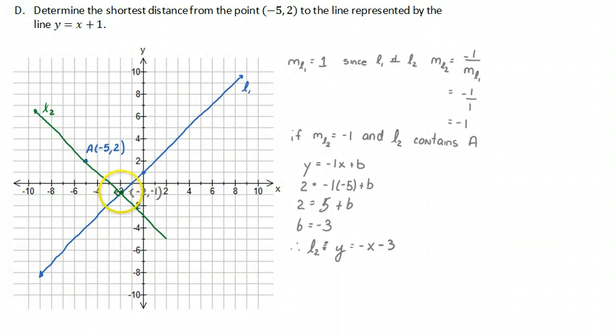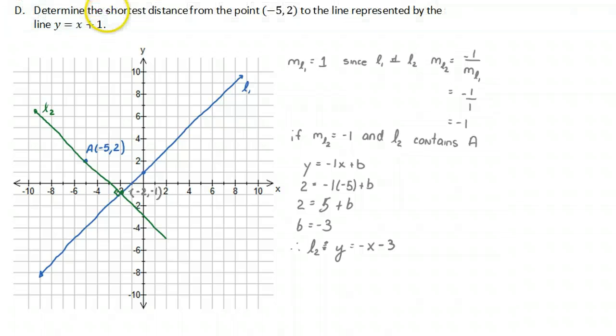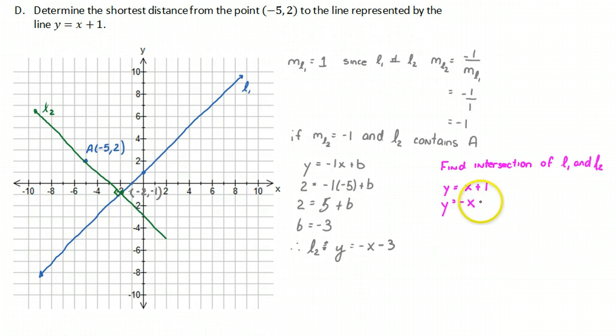So the next step is I need to find the point of intersection between these 2 lines. So let's change our colors here. Let's go to pink. So the next step is we're going to find the intersection of L1 and L2. So let's write line 1 down, y equals x plus 1, and let's write L2, y equals negative x minus 3. Okay.